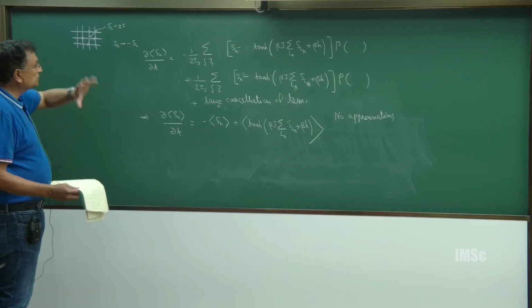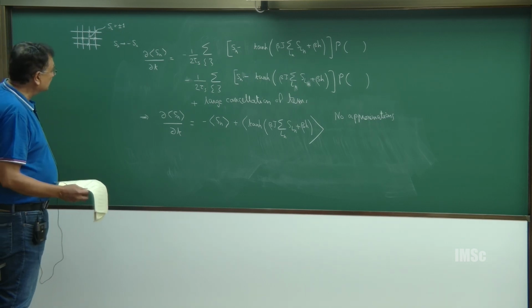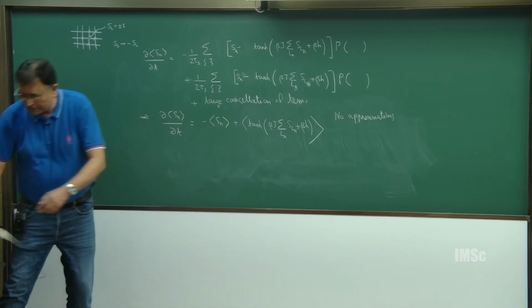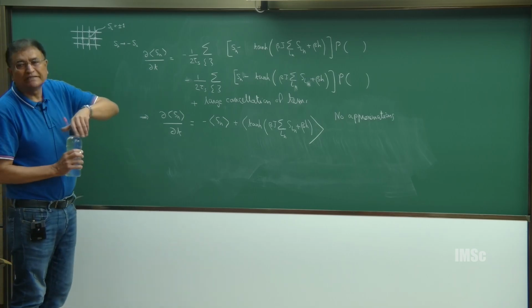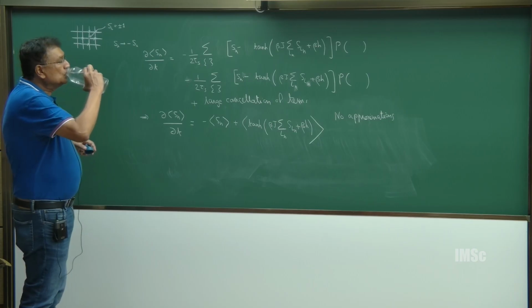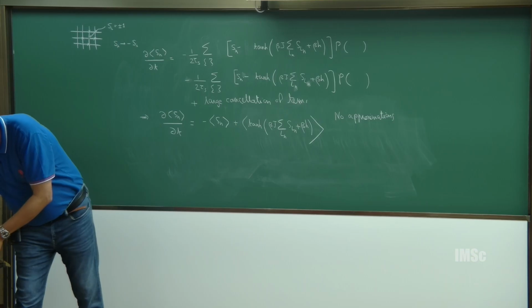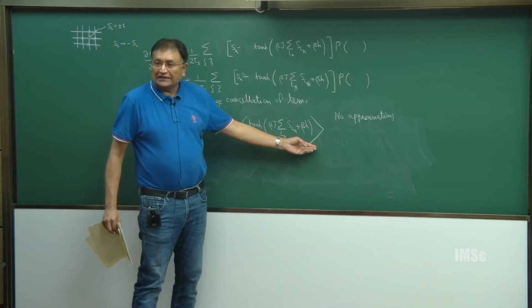I do urge you to go over the steps once when you get home, but I think basically we have figured out all the indices now. Okay. So, now this is an equation, I do not know whether you have encountered this kind of equation before, but it is not of great use as an equation. Why is that? It is not of great use because you have the expectation value of tanh.